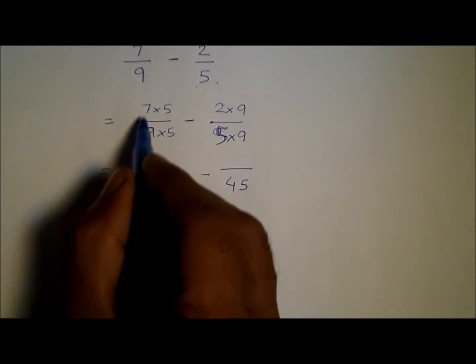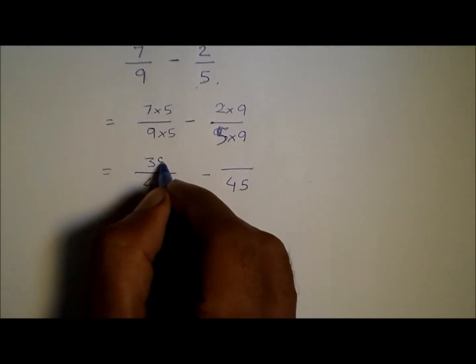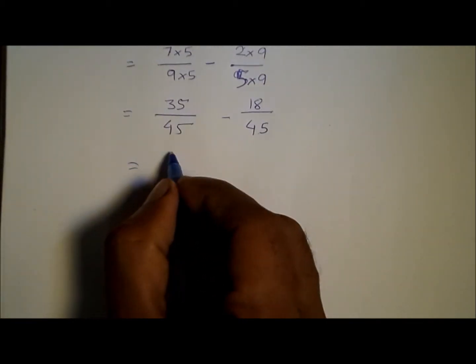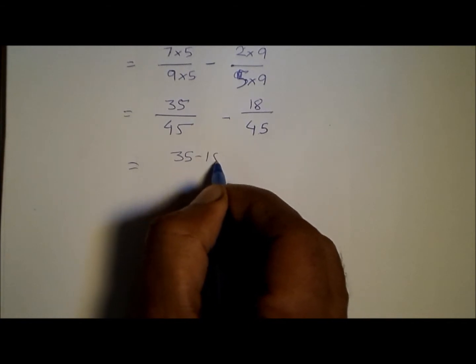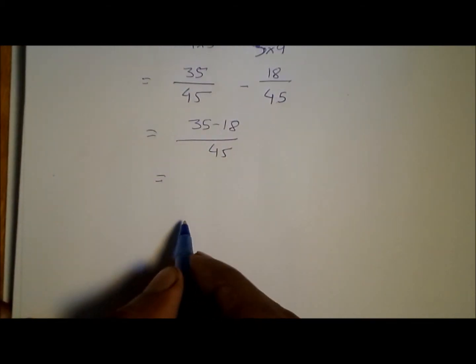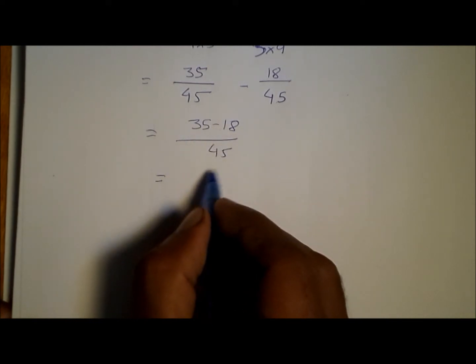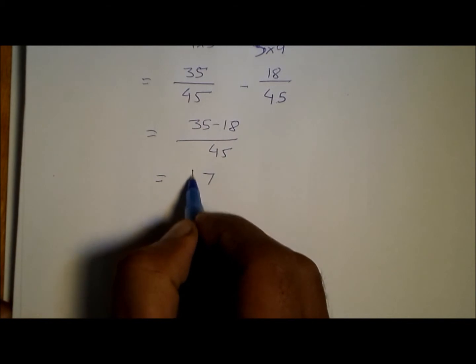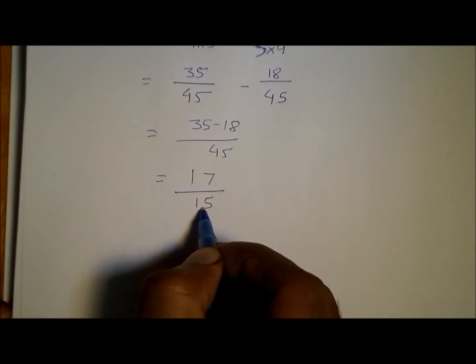And on the top we have 7 into 5, 35, minus 2 into 9, 18. Now we can subtract these two numbers, which is 35 minus 18 by 45. That is 17 by 45.